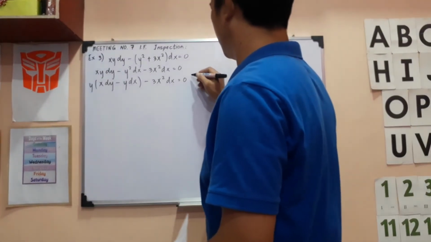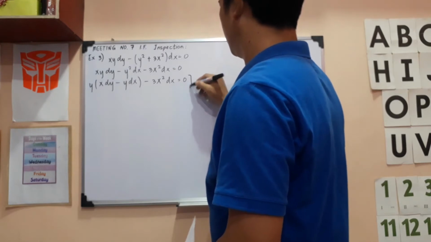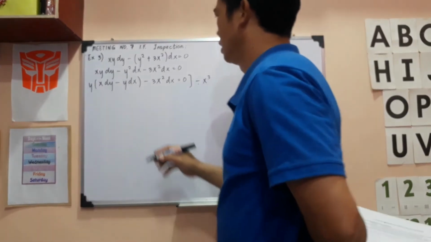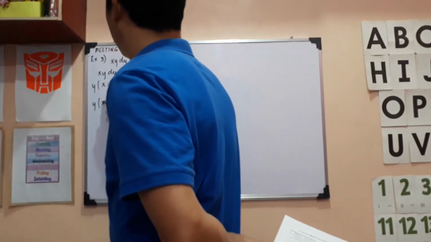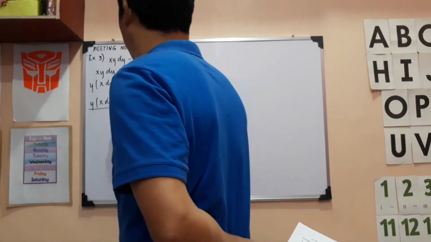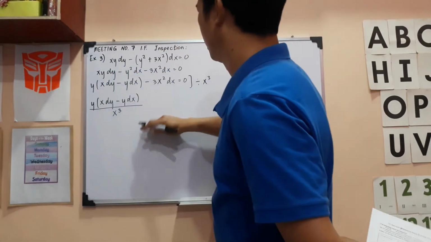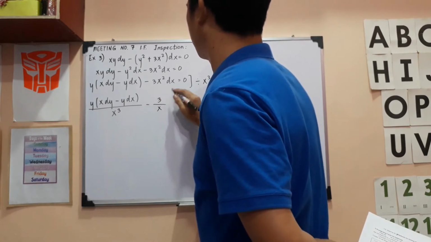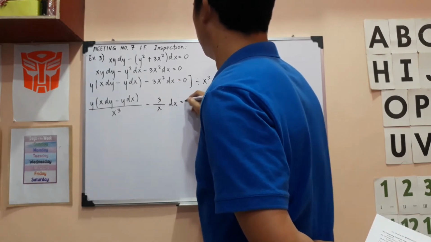So, kailangan natin ay i-divide natin sa x cubed. Tingnan nyo mangyayari dyan, ha? So, we have y, x dy minus y dx all over x cubed. Okay? Minus 3 over x and then dx is equal to 0.